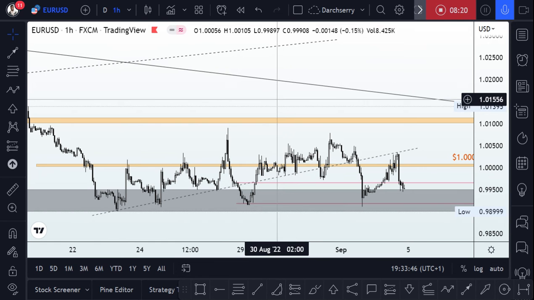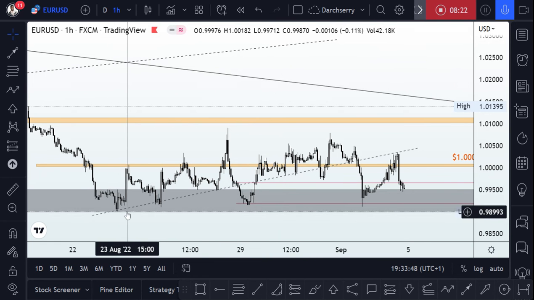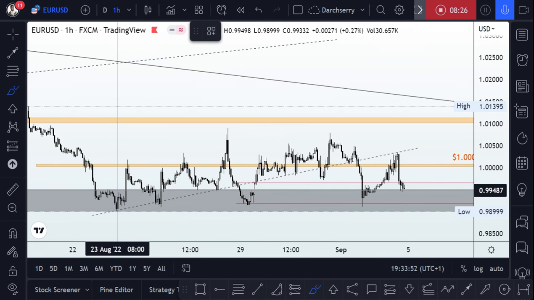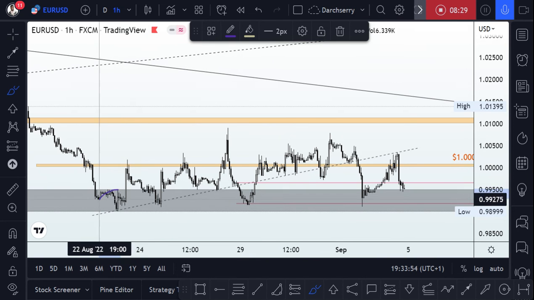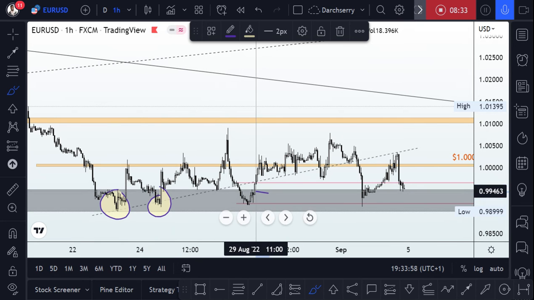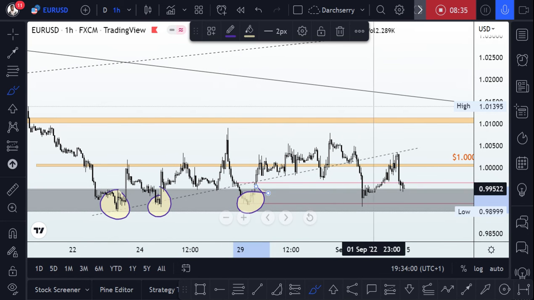One thing I would just say here on the 1 hour time frame is that price has consistently rejected the demand zone since the beginning of, I think, 2 weeks ago. We've been seeing multiple rejections of this demand zone, giving us a clue to the strength of the buyers from this point in the market.